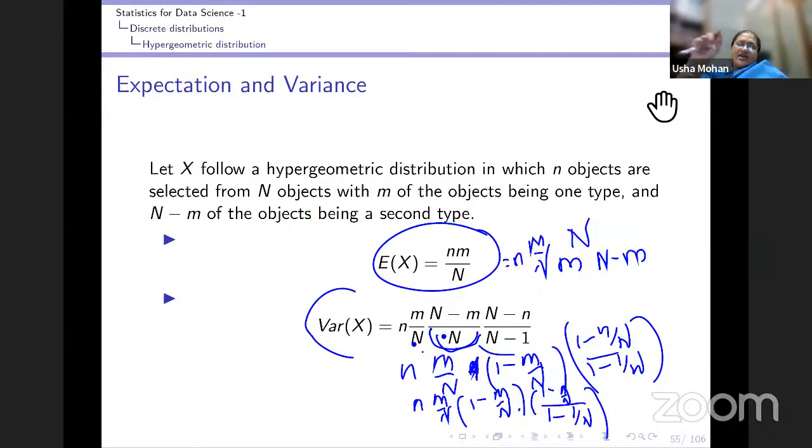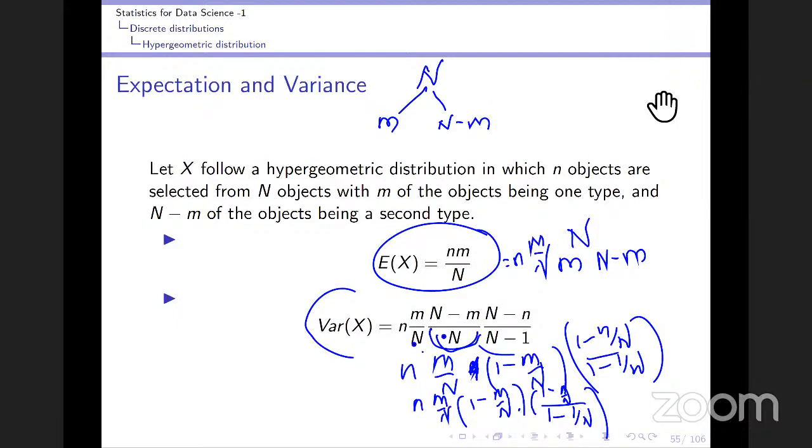I have here m of one kind and N minus m of the other kind. Is this clear? Yes, ma'am.